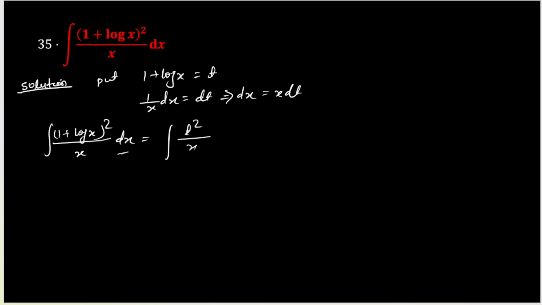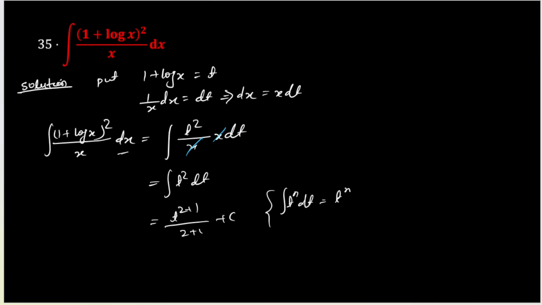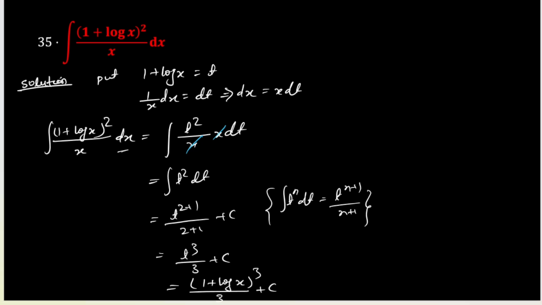So we write dx is equal to x into dt, and then x is cancelled. So t squared dt, and by the rule, integration of t to the power n dt equals t power n plus 1 by n plus 1, we get t cubed by 3. And replacing t in terms of x, we get (1 plus log x) cubed by 3 plus c. This is your required answer.